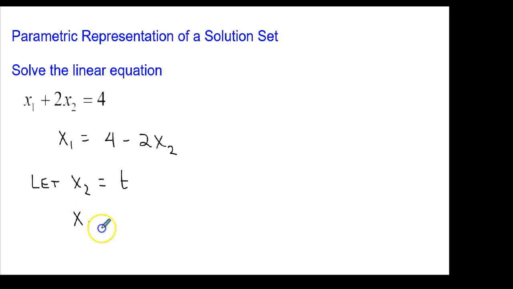That would mean then that x sub 1 is equal to 4 minus 2 times t. So we've represented our linear equation as a set of parametric equations, two equations, both having the independent variable t. Both of these equations depend on what t is.